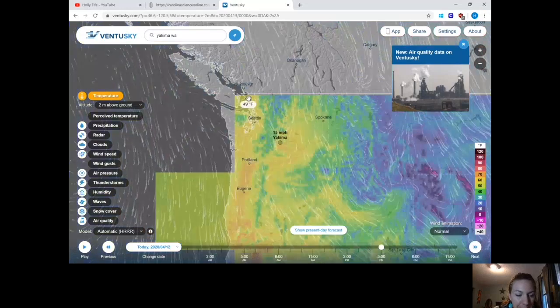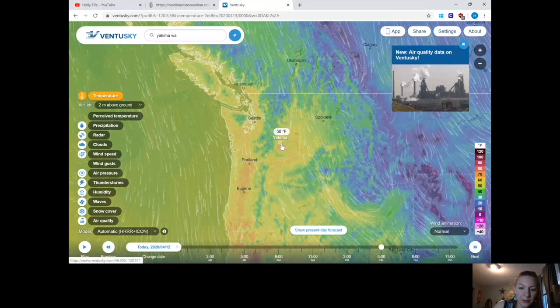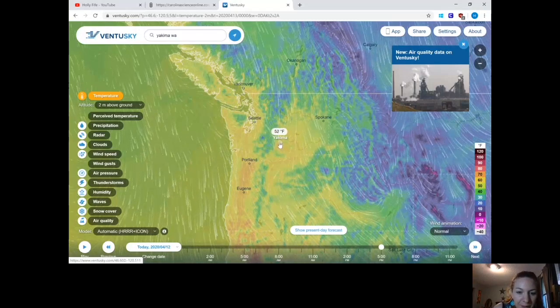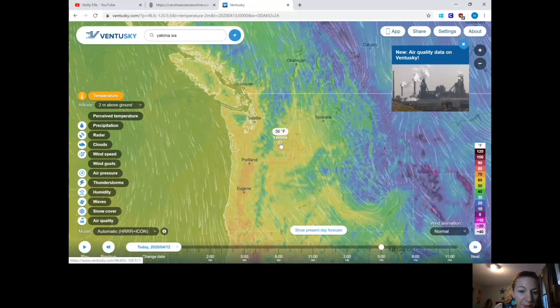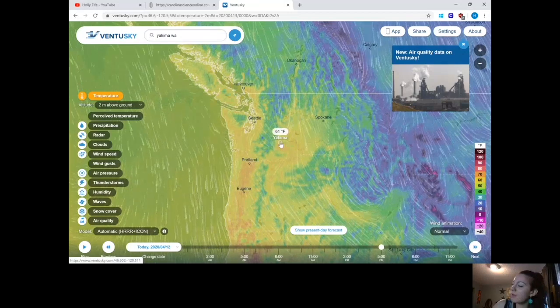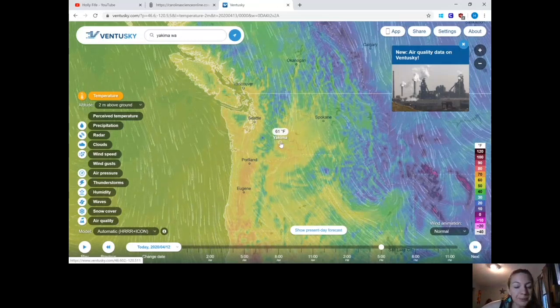So for temperature, it's going to take a little minute to load there. For Yakima, right now, it kind of depends. If you look at me, this is all Yakima, but depending on where I point, there's kind of a range. So let's just go smack dab in the middle. In Yakima, they say the temperature is 61 degrees.